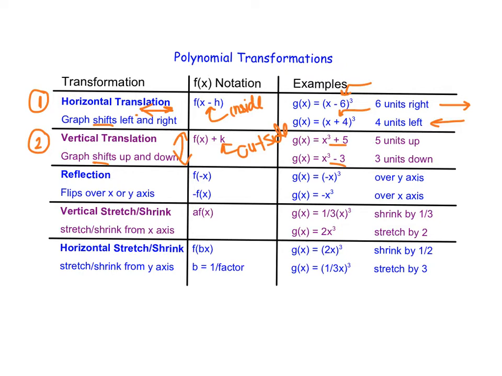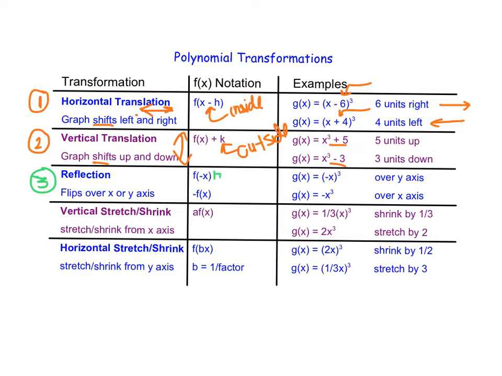So the next transformation that we're going to look at is the reflection. And a reflection can happen either horizontally or vertically. It just depends which axis we're flipping over. Now, when we're doing a reflection, we're essentially multiplying the function in some way by -1, either on the inside where x is or on the outside of the entire function. So any change on the inside, remember, is a horizontal change.